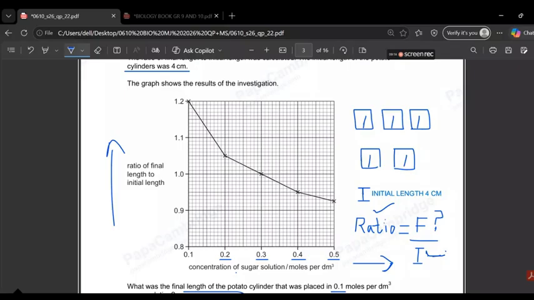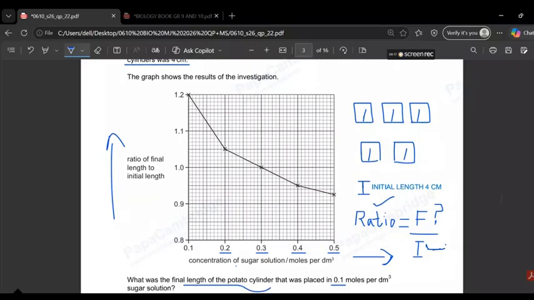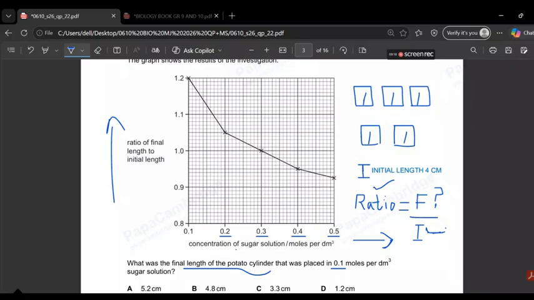Because they are not asking you all, they are just asking you about 0.1. This part they are asking, this one. So of course, you put in the values for the ratio and the final length. We will modify this formula.